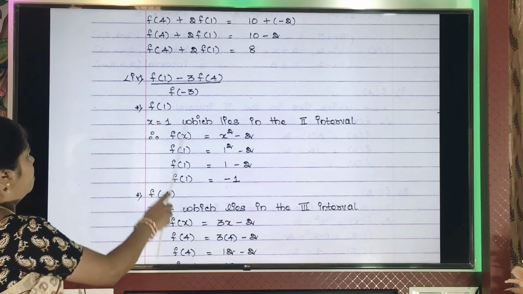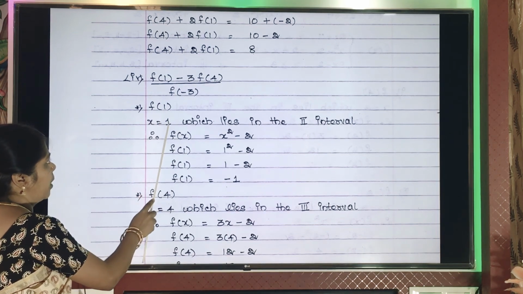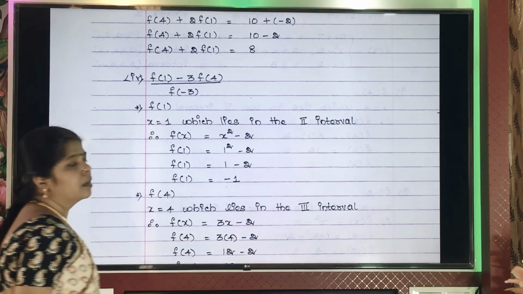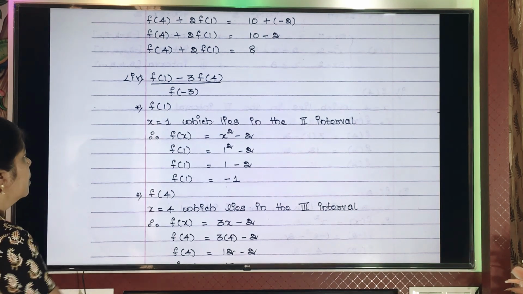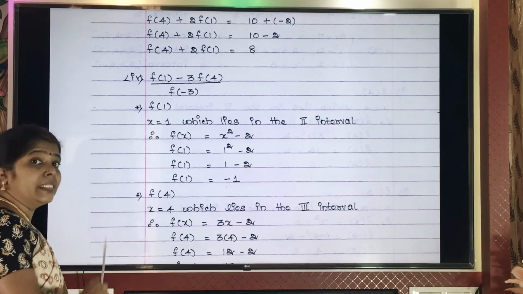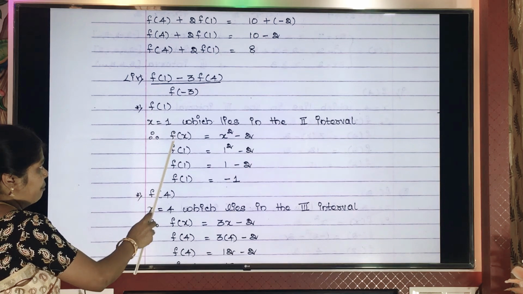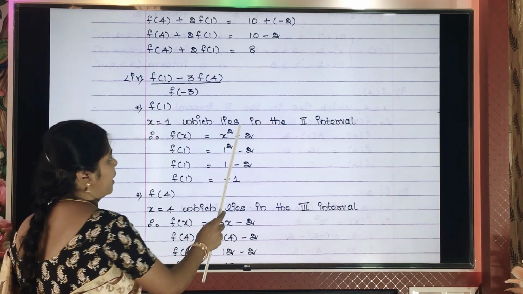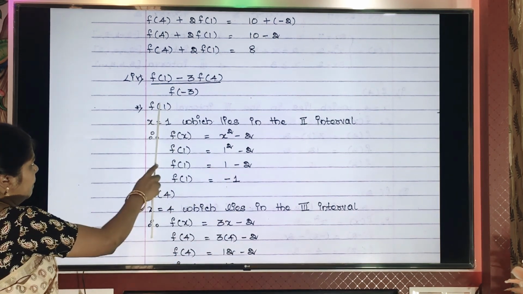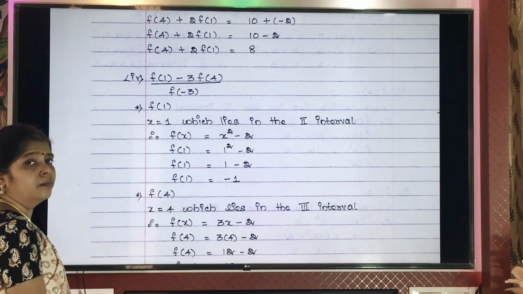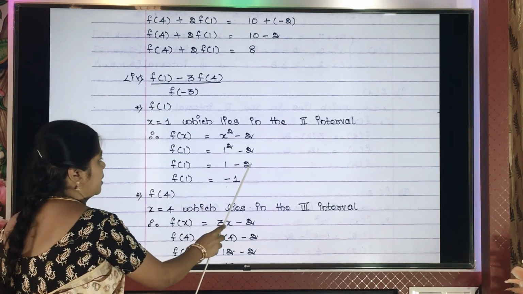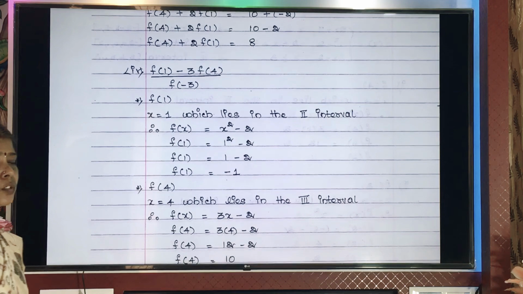Already we have seen x equal to 1 lies in the second interval. So the equation for the second interval is f of x equal to x squared minus 2. So in the place of x, now you put 1. 1 squared minus 2, the answer is minus 1.